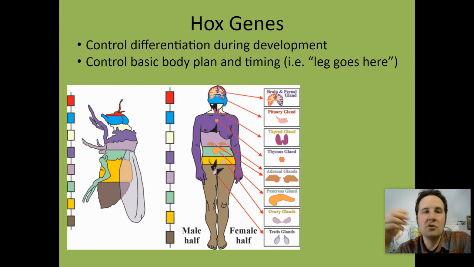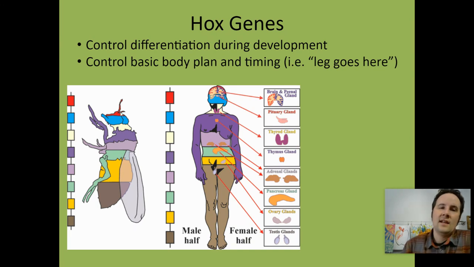If you look at a fruit fly and you look at a person, even though a fruit fly is very different than us, the Hox genes that control this area of the fly are the same Hox genes that control the top of our head. So this is not saying that these are the same genes. No, but it's saying, hey, put the antenna here, whereas ours are saying, hey, put the skull there.